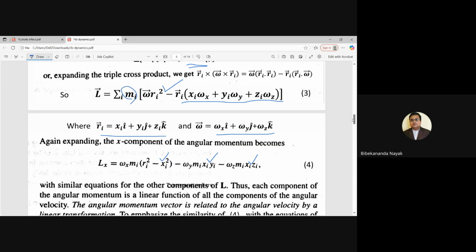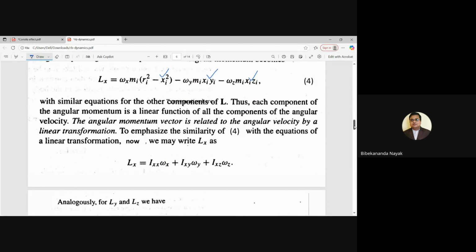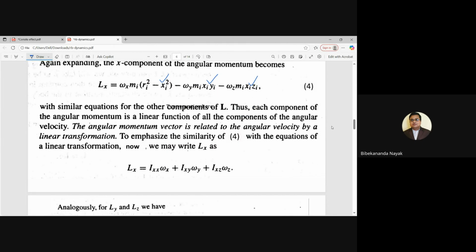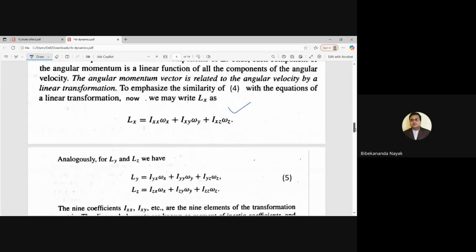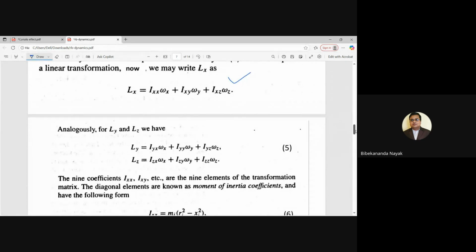Similarly for the y and z components. In this angular momentum vector, Lx is something times omega x, something times omega y, something times omega z. I can write it as Ixx omega x plus Ixy omega y plus Ixz omega z. Similarly, I can write Ly and Lz.